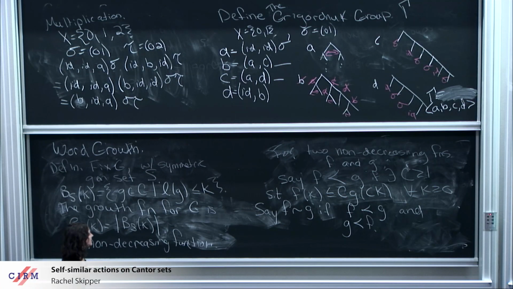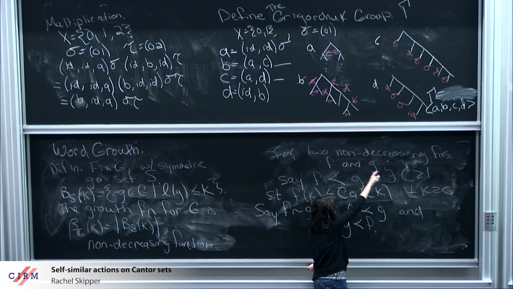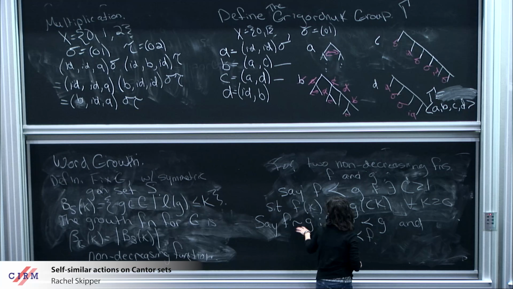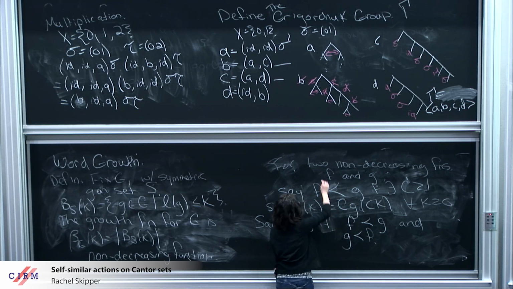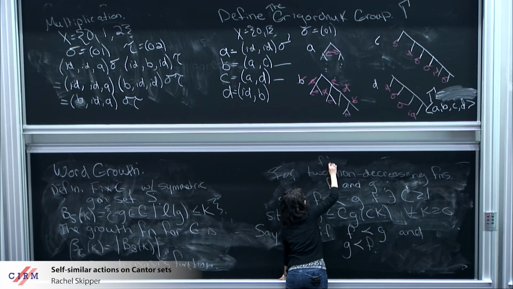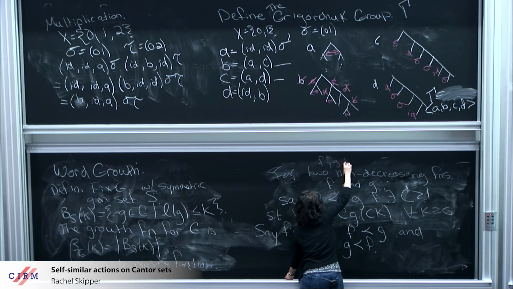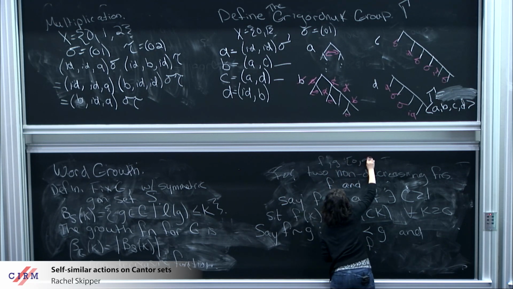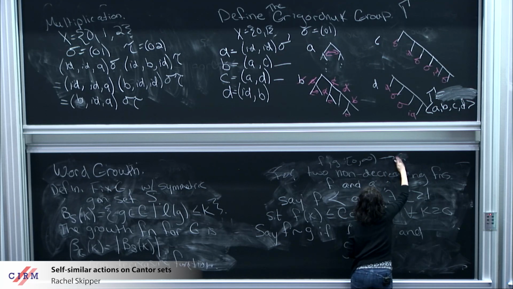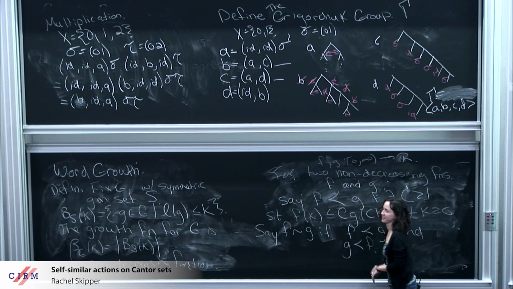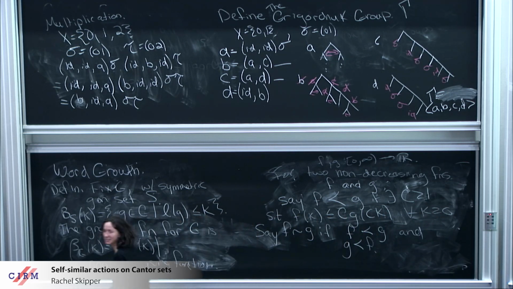f and g are non-negative, yes. They're non-decreasing functions from 0 to infinity to R, or to R is good enough. And since they're non-decreasing, they have a lowest element, and we're good. So this gives us an equivalence relation on growth functions.